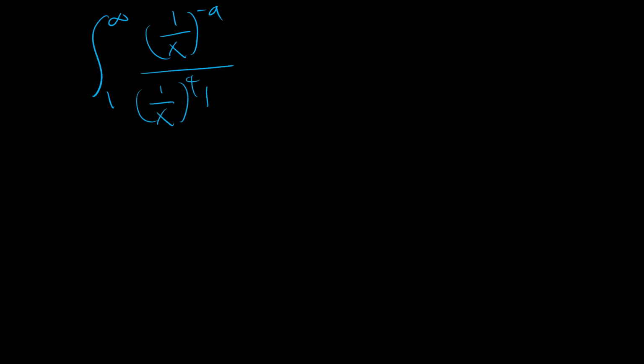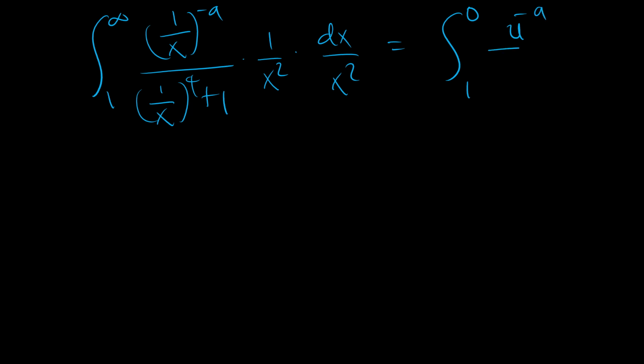And so the integral from 1 to infinity of 1 over x to the negative a, over 1 over x to the fourth plus 1, with dx over x squared, means that this is the same as the integral from 1 to 0 of u to the negative a over u to the power 4 plus 1, times this here is u squared, and then we have negative du.